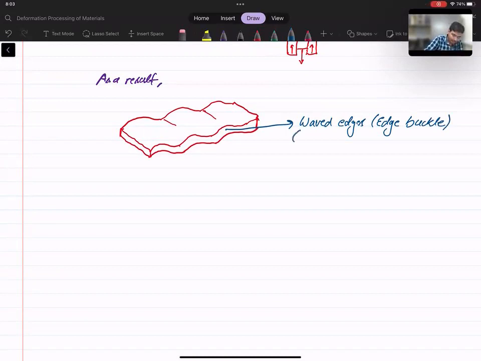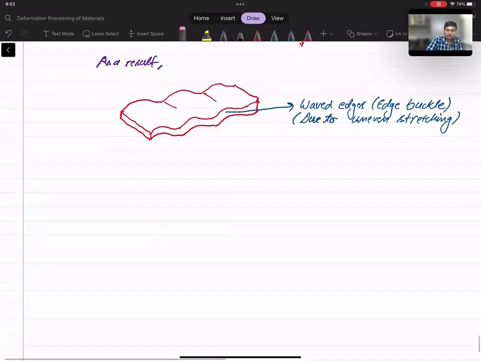This happened due to uneven stretching. Okay. So this is a sort of defect or problem which is observed during the rolling operation.